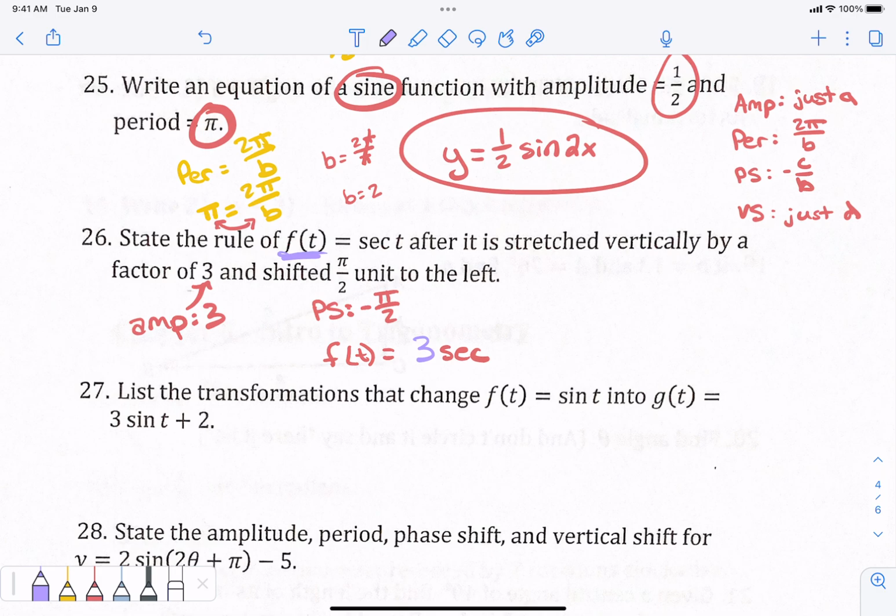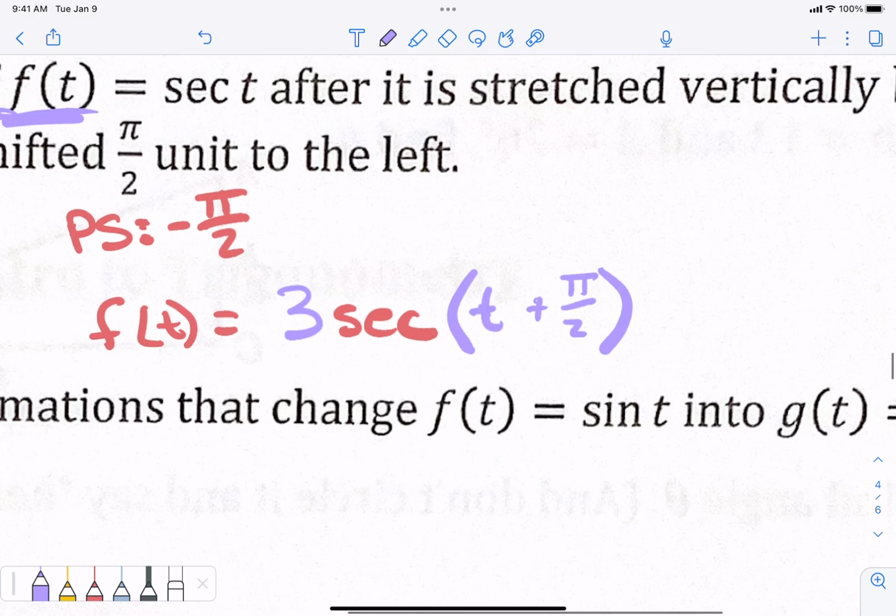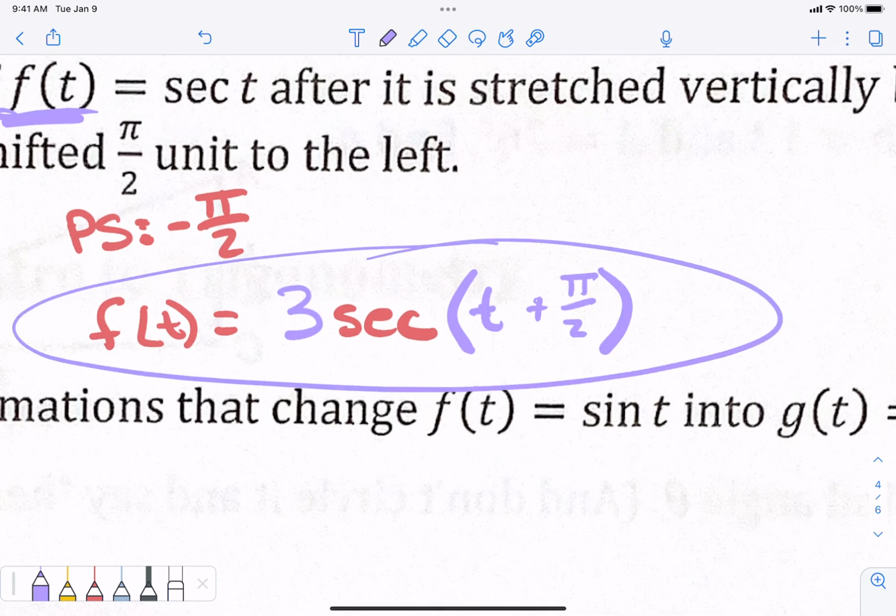If my phase shift is negative pi over 2, I have to find C. If my period's not changed and we're going left pi over 2, it's just plus pi over 2, right? Because it's opposite inside of the parentheses. We're not changing the period at all, so we can just say plus pi over 2. Done, right? The phase shift is minus pi over 2, so we put it in parentheses. It has to be the opposite sign. This just says left pi over 2, okay?